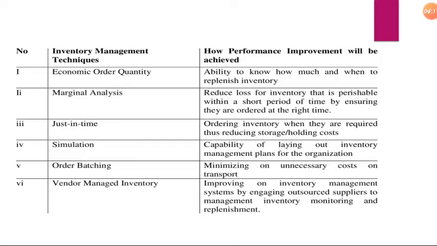When the size of an order minimizes the total inventory cost, it is known as the economic order quantity, the EOQ. The best lot size will result in adequate inventory to reduce some costs. So economically we have to see, and mass production is preferable for this economic order quantity.